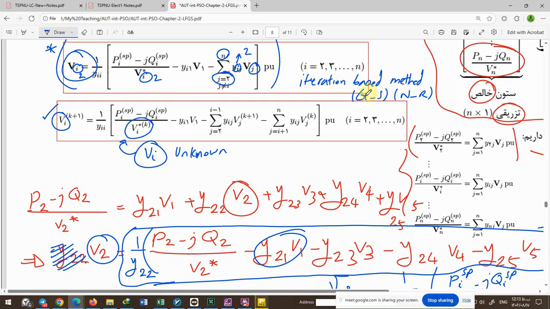For example, when you want to get the final value, you have to try more and more, and each try gives you a better answer. For finding Vi, you have to try 10 iterations, and each iteration gives you a more accurate answer.